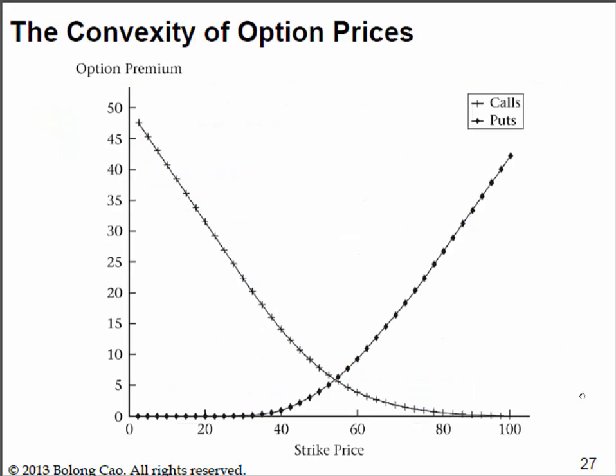In terms of the picture, we look at this downward sloping curve with cross marks. What it says is basically that as the strike price becomes higher and higher, this option premium line goes to 0, but it won't fall below 0. So when it's getting really, really close to 0, it has to have this convex shape, because it doesn't go in a straight line down.